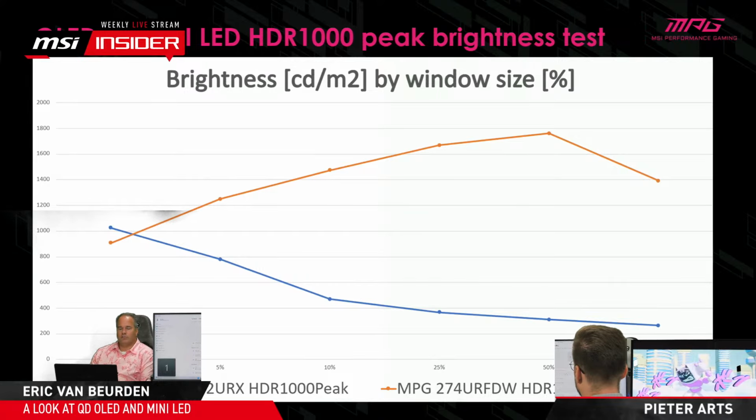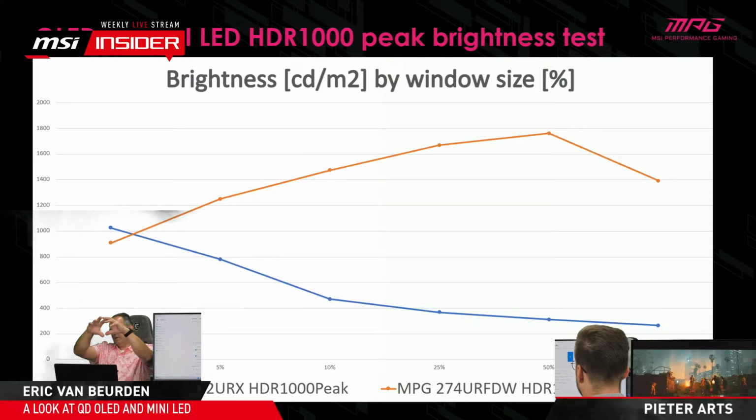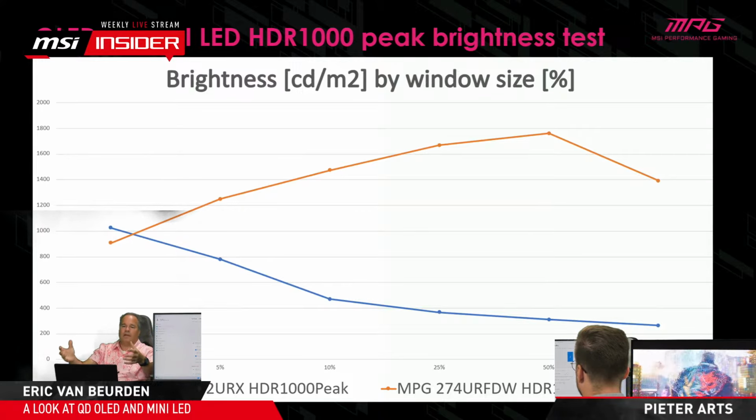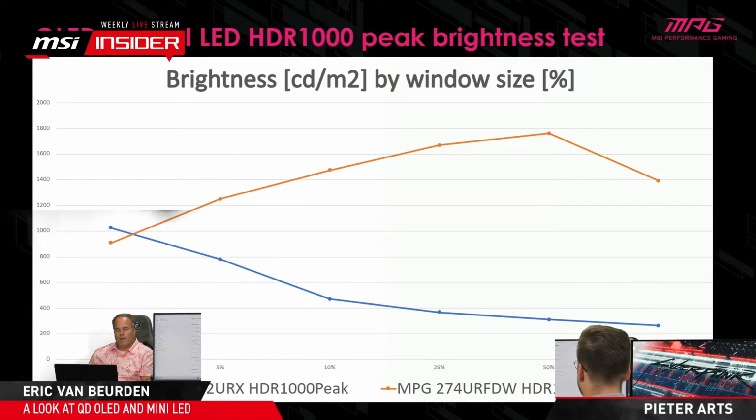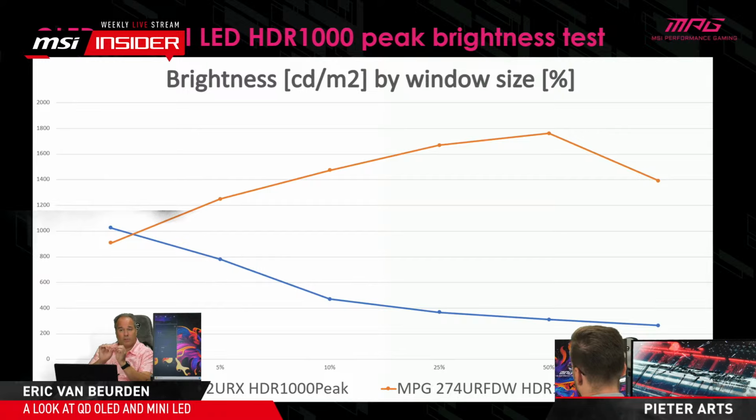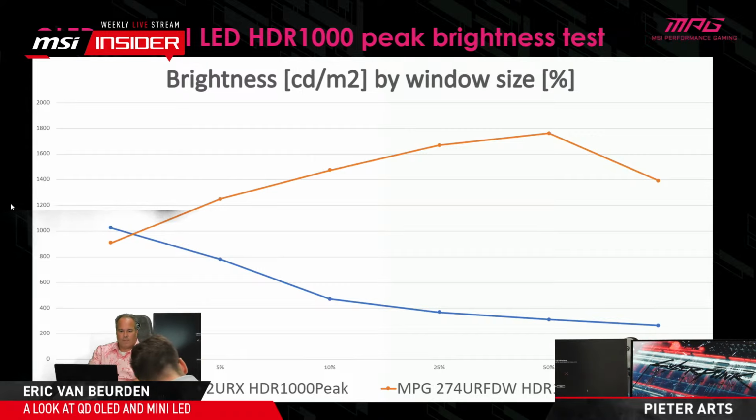And of course, in the game, this is really dynamic. You have gray values, big white screens, bright sunlit areas, and it changes really dynamically. So this is just a static benchmark showing you how they compare. For example, if we look at the 2% window, a really small piece of your screen outputting bright white light, around 1000 nits they're quite close together.